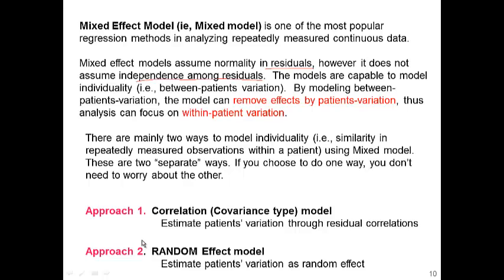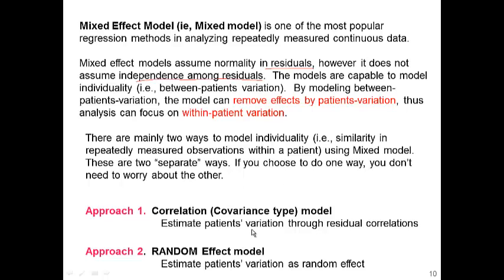Rather than looking at correlation, we are looking at the random effect. And the purpose of doing this is actually the same. We are trying to introduce between-patient variation, patient individuality, in the model, so that we can remove between-patient variation. Therefore, analysis can focus on what happened within patient, which is the focus of repeated measures analysis.